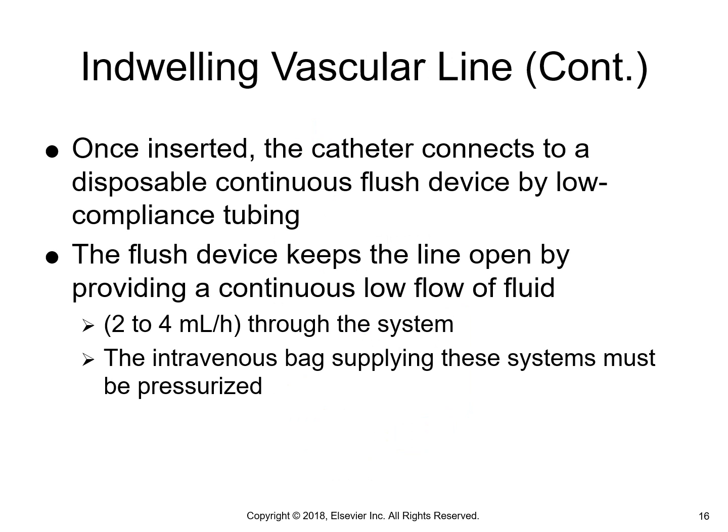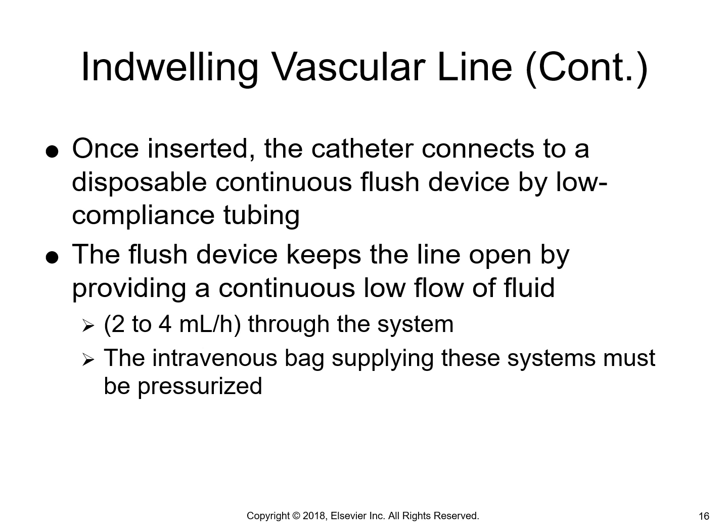Alright, so once inserted, the catheter connects to a disposable continuous flush device by a low compliance tubing, and then what they usually do is they just have a little bit of saline kind of running through that. The flush device keeps the line open by providing a continuous low flow of fluid, so it doesn't clot off.